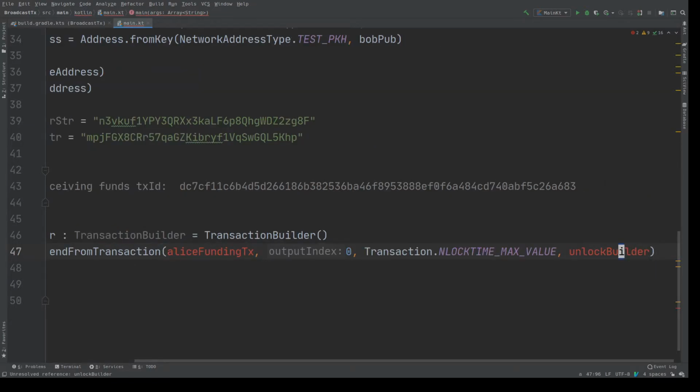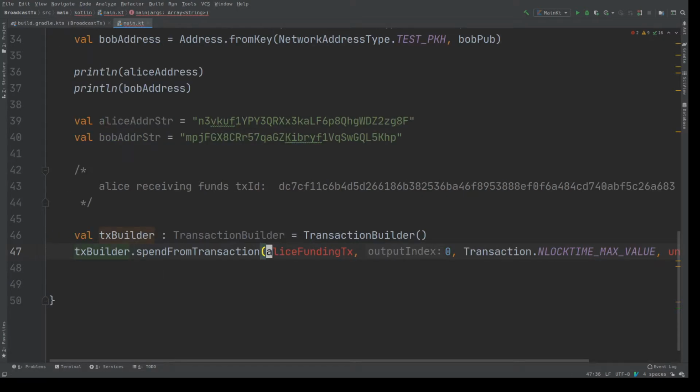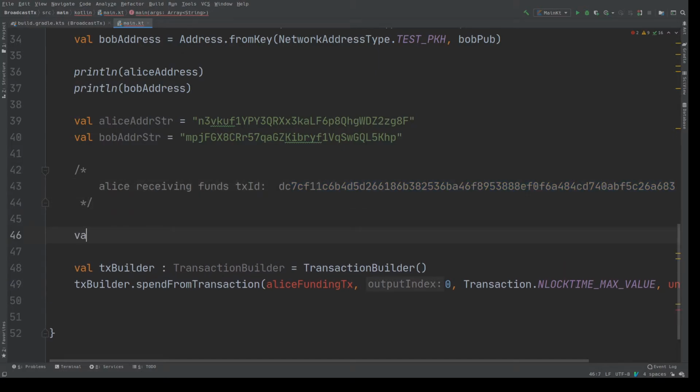Alice's funding transaction is why I grabbed this transaction ID before. So I need to create an instance of Alice's funding transaction, which is going to be a transaction. And this transaction, I'm actually going to read in the raw transaction. So I'm going to create an Alice funding raw TX.